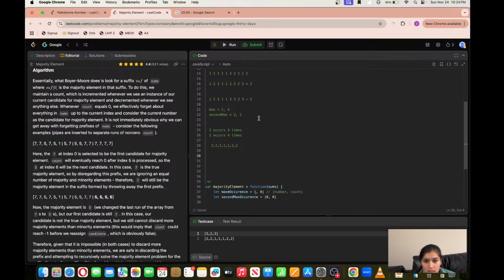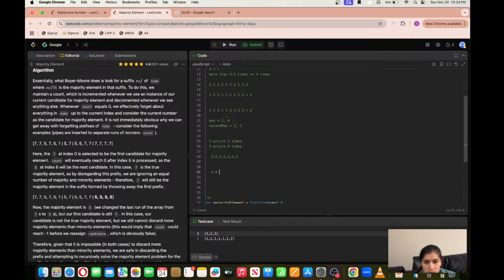So like I wrote before, if it is A B C D E F G, and if it is a majority element, it means the first four, I mean any number, will be the majority element. It can be in any order.